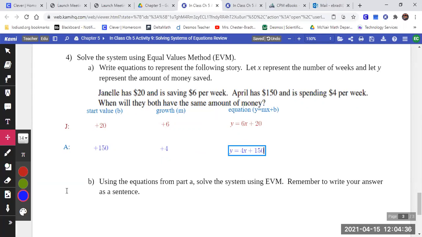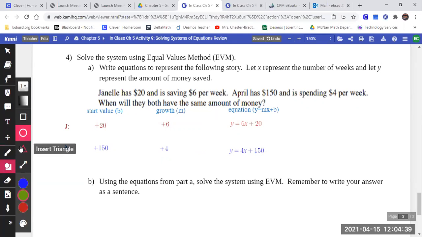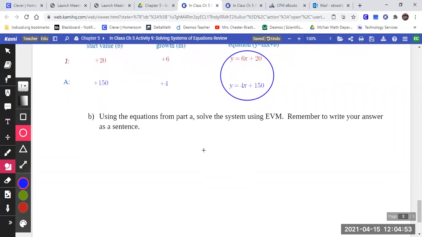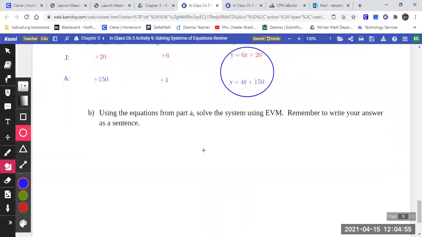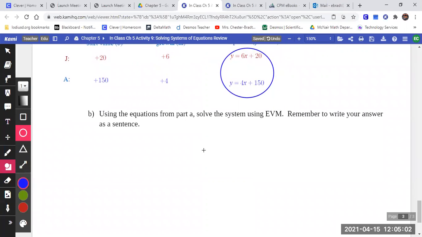So it asked us in the instructions to find the equations, and we did. Okay. Then it says in part B, using those equations with the equal value method, solve. Remember to write your answer as a sentence.